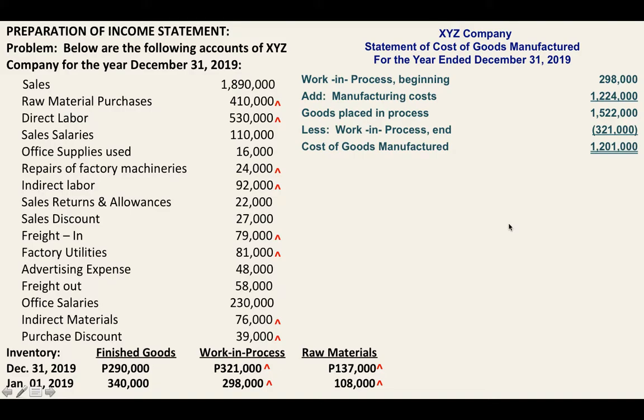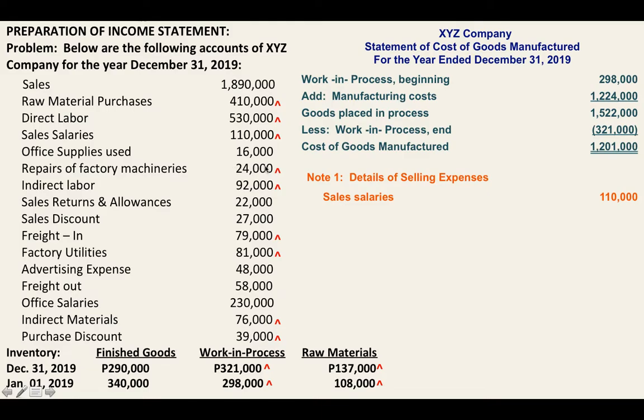Okay. And the other thing is that we have to prepare the notes of selling expenses. So let us identify which are selling expenses in this problem. Sales salaries is one, so we have to list sales salaries as part of our selling expenses.